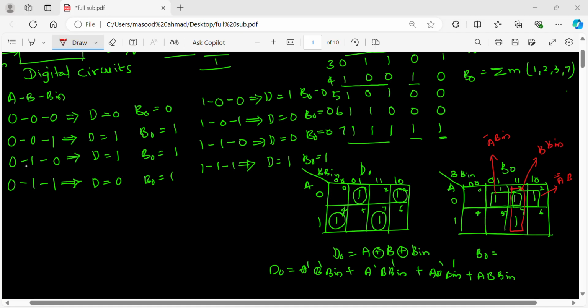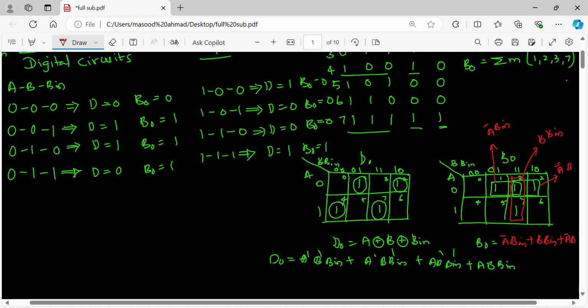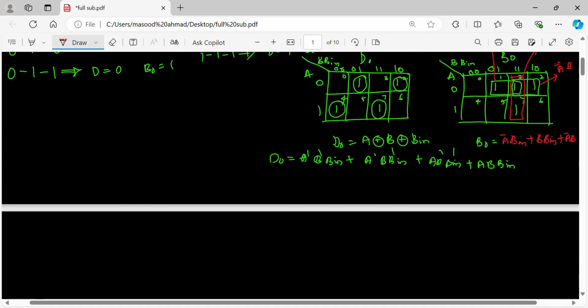So your expression is A bar B in plus B B in plus A bar B. This is your expression. Now I can draw the circuit based on this.